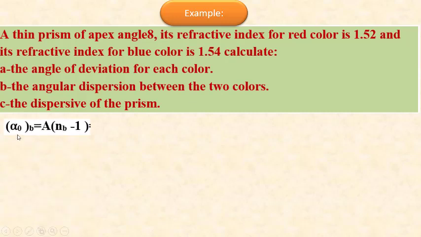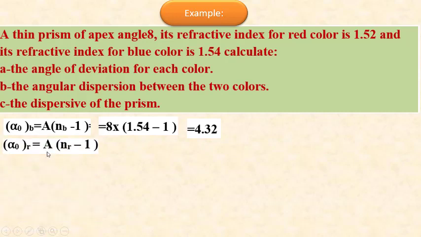First, alpha naught of blue equals A times n blue minus 1, equals 8 multiplying 1.54 minus 1, so it will be 4.32. Where is the unit? Yes, there is no unit. Alpha naught of red color equals A times n red minus 1, equals 8 multiplying 1.52 minus 1, which will be 4.16.